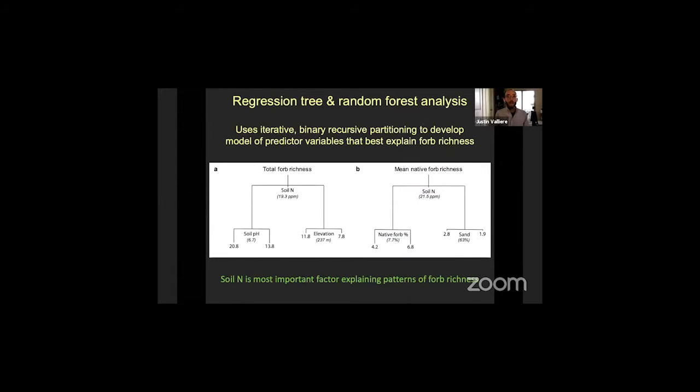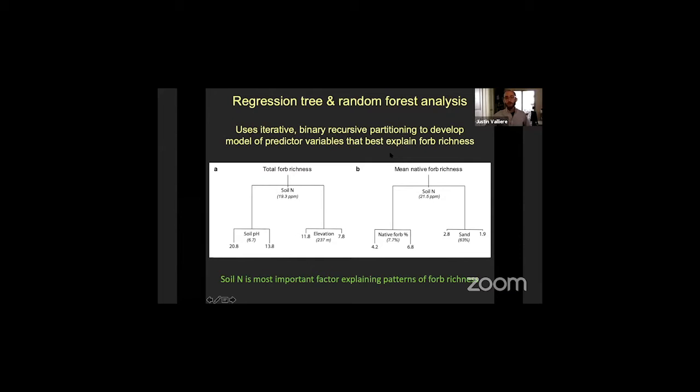So what we did to get at this was we used regression tree and random forest analyses. This uses an iterative and binary recursive partitioning method to develop a model that's the best predictor for your response variable, which in this case, we looked at total forb richness at the 30 sites and then mean forb richness per plot.